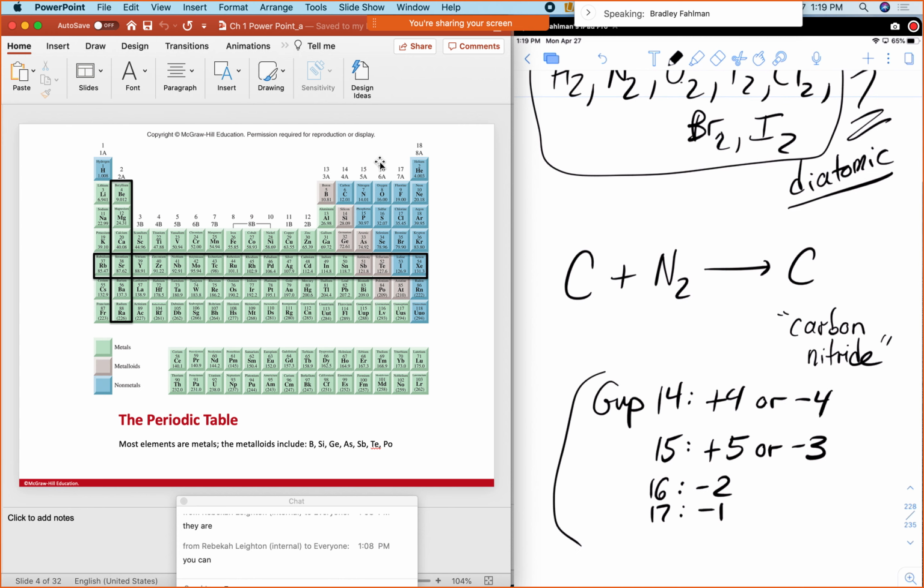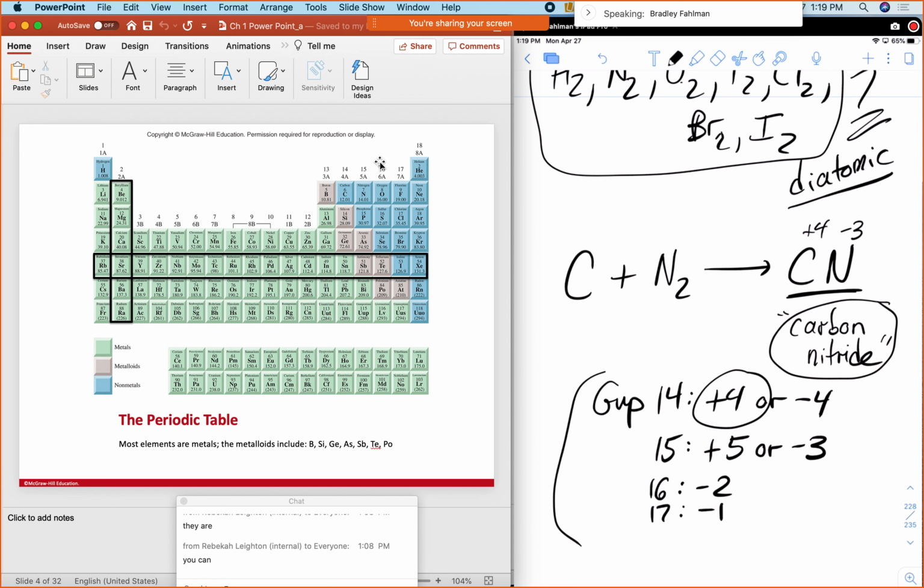Based on carbon nitride, carbon is on the left of the formula, so it will have a plus charge, +4. Nitrogen is on the right side of the formula, so it will have a minus charge.